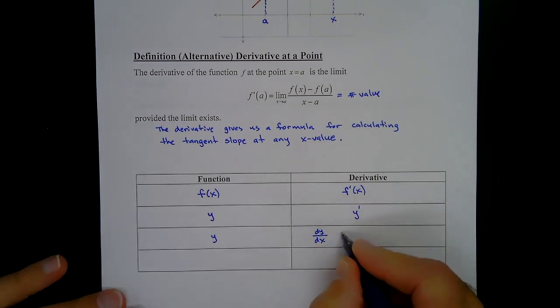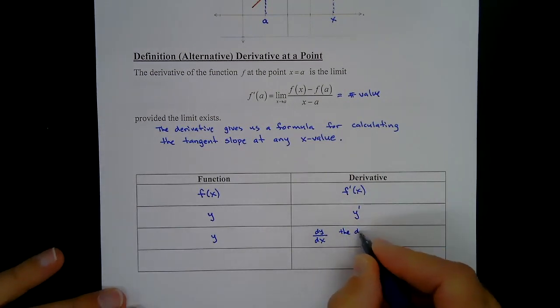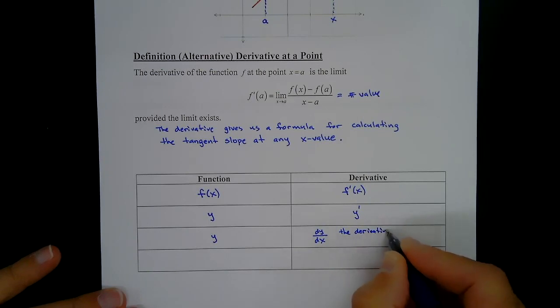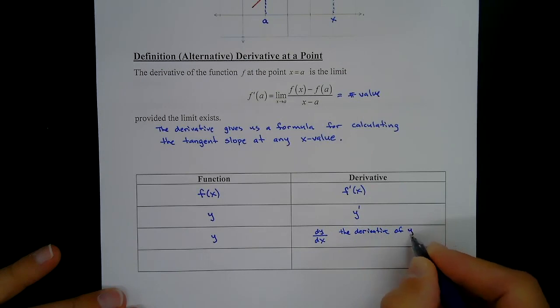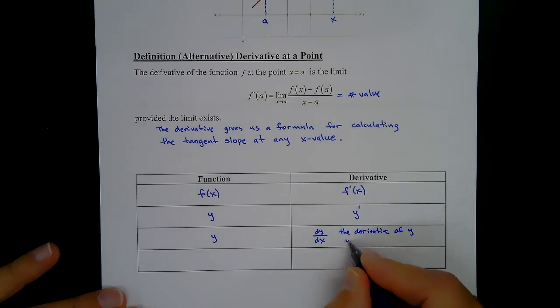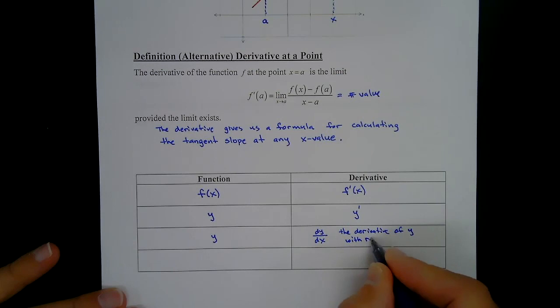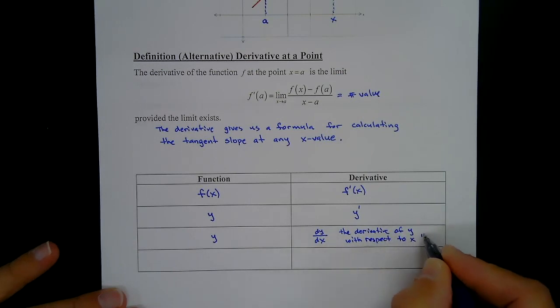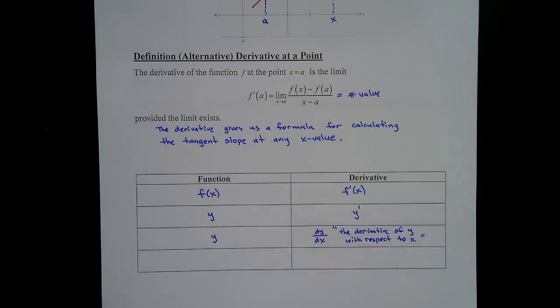So for this, when we read it, we say the derivative of y with respect to x, okay? So that's another way of writing the derivative. So dy over dx. This notation isn't going to completely make sense at first, okay?